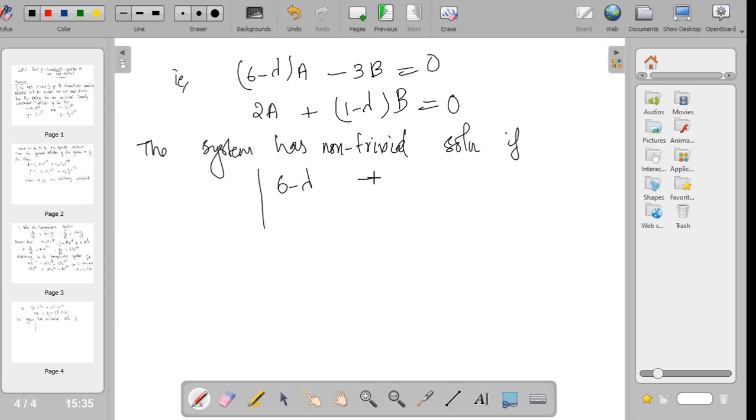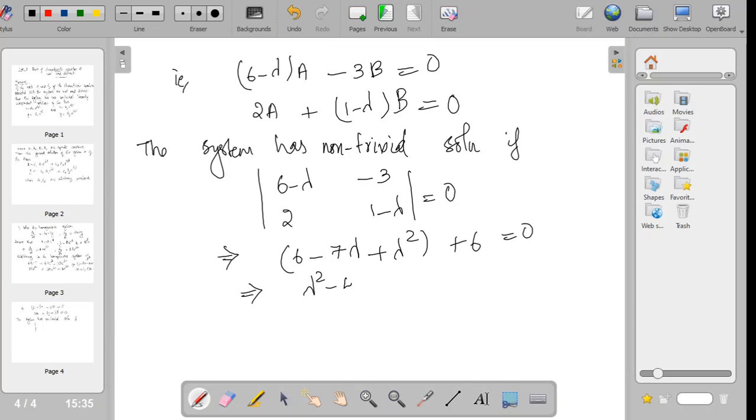So the determinant with rows (6 minus lambda, minus 3) and (2, 1 minus lambda) must be equal to 0. When you take the product, you will get 6 minus 7 lambda plus lambda square plus 6 equal to 0. That is lambda square minus 7 lambda plus 12 equal to 0. So the roots will be 3 and 4.